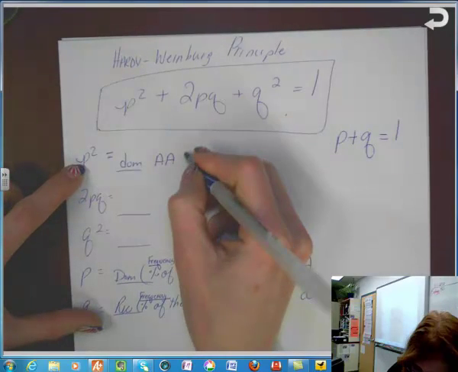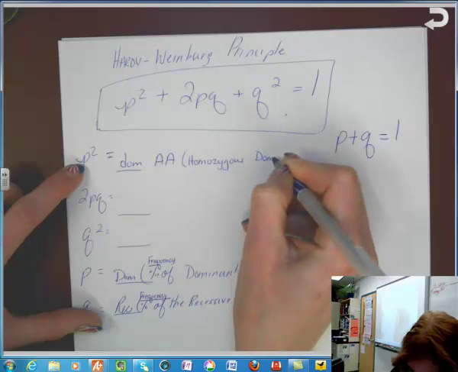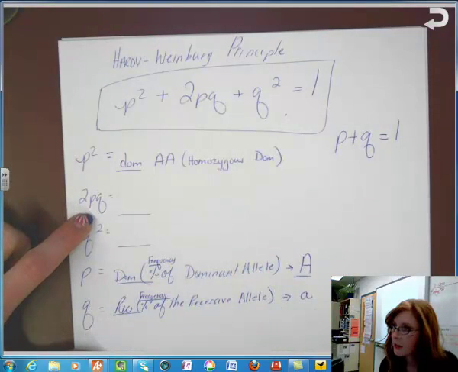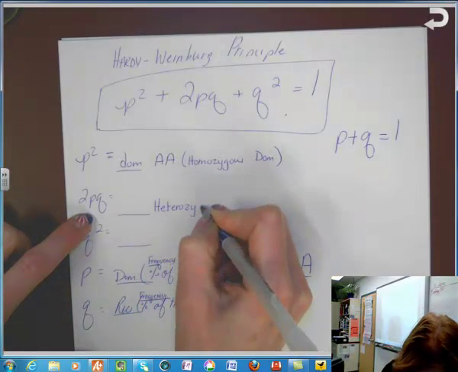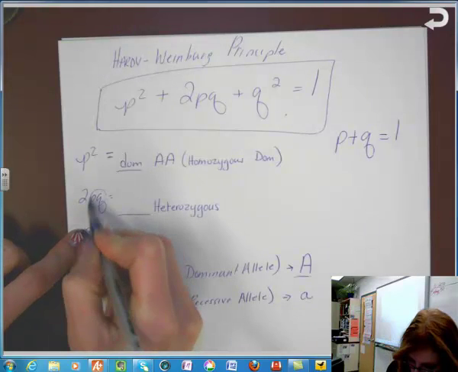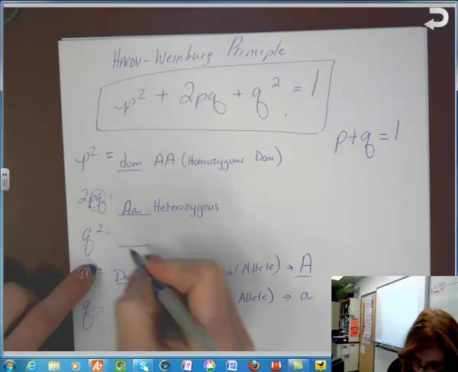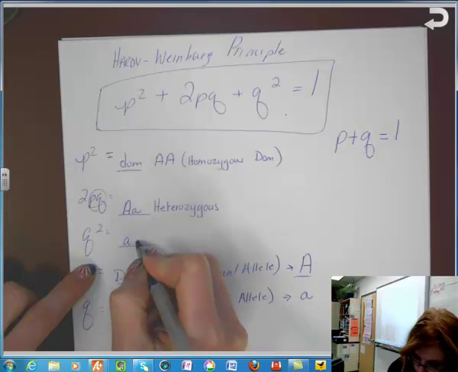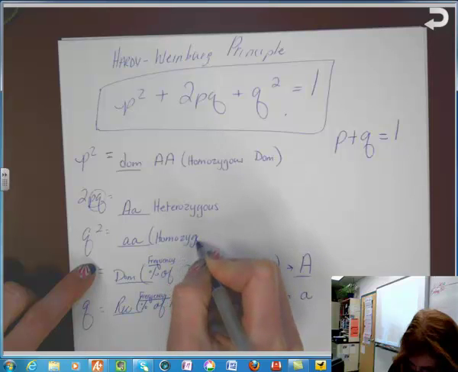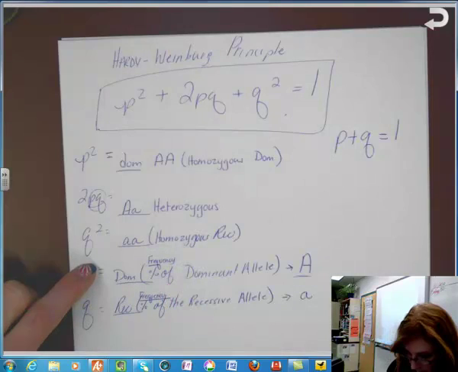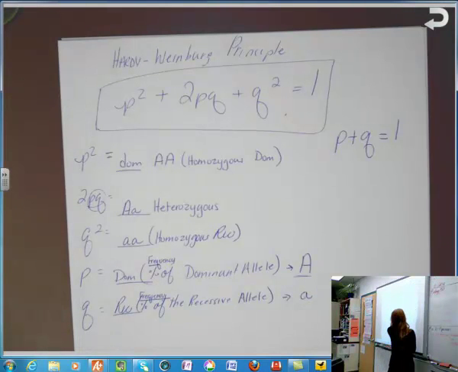So this is homozygous dominant. 2pq is then, right, this is heterozygous. This is the easiest one to remember because it has one of each type. So we could say this would be like big A, little a. And q squared would be homozygous recessive. So those are the only 5 things that I could ask you to solve for.